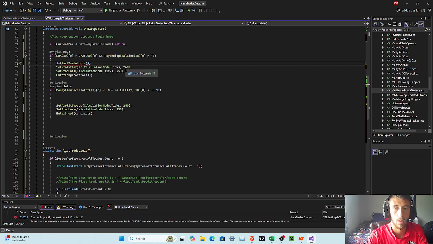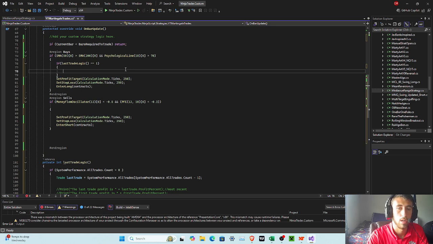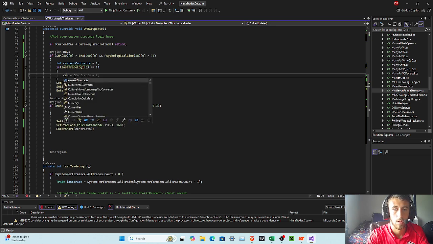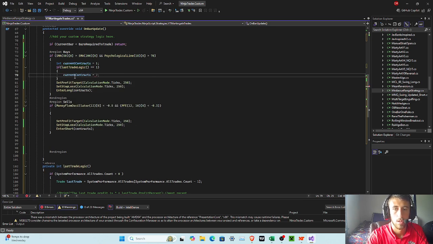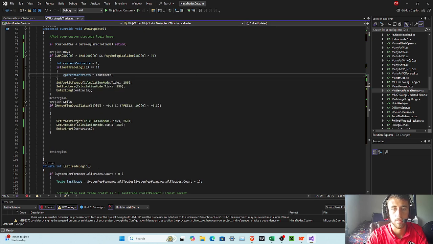So if we return a 1, then our entry contracts, which can be the current contracts you want to enter with, can be the contracts that we set it as, our base contracts.